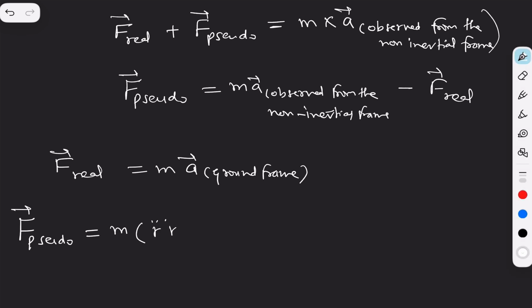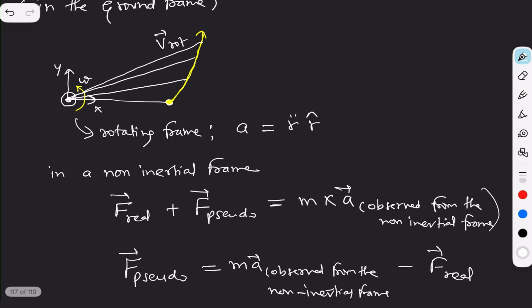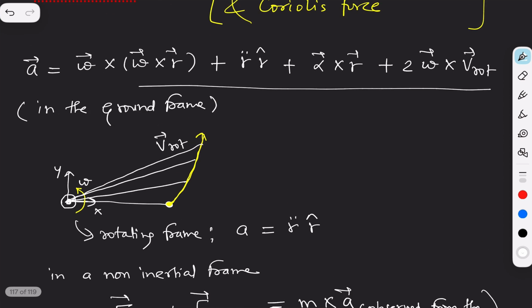So if I put this here, I'll get m r double dot r cap minus F real. F real is equal to mass times a in the ground frame, and that a ground frame is this only, nothing else.